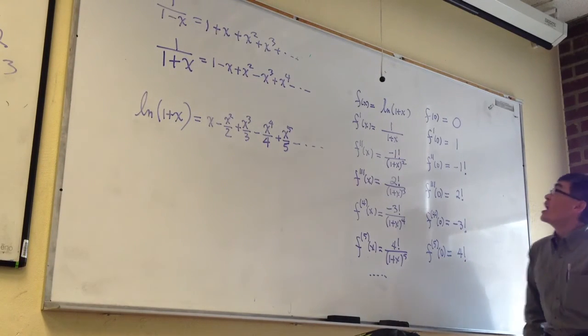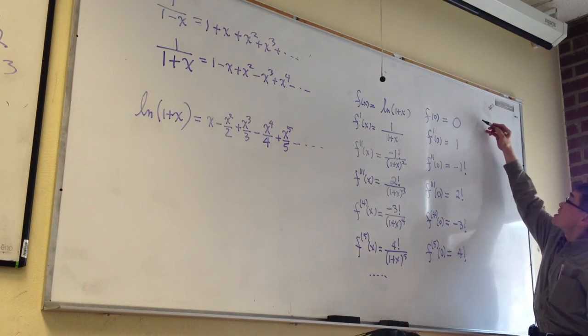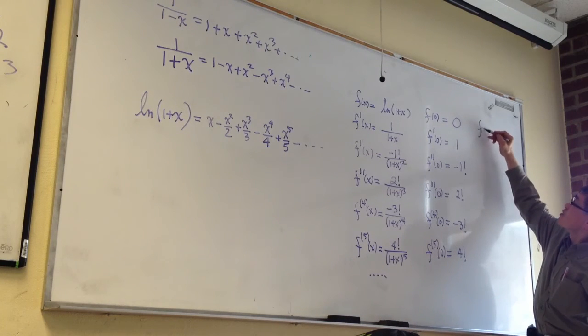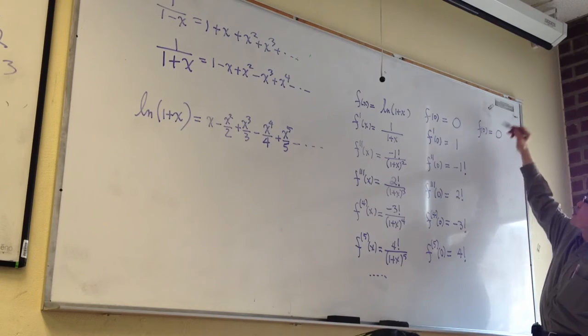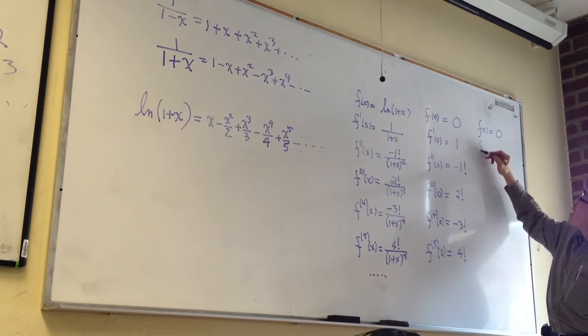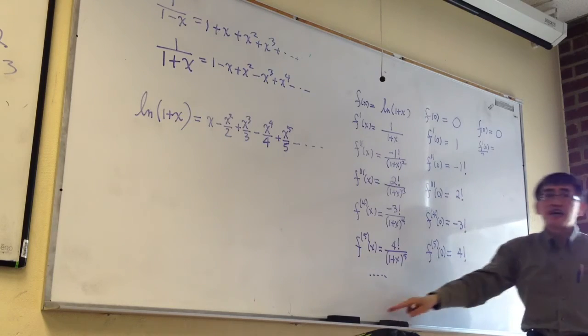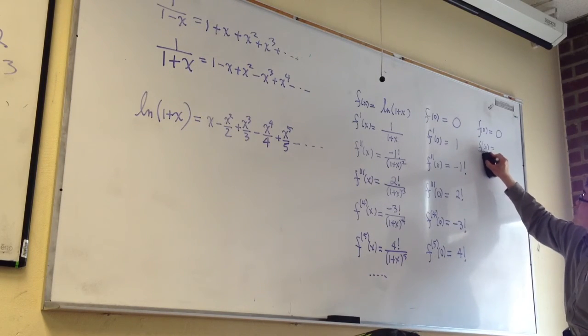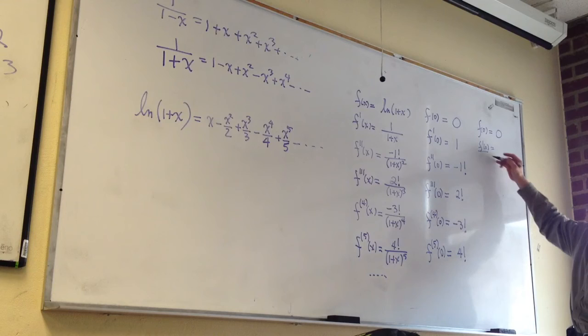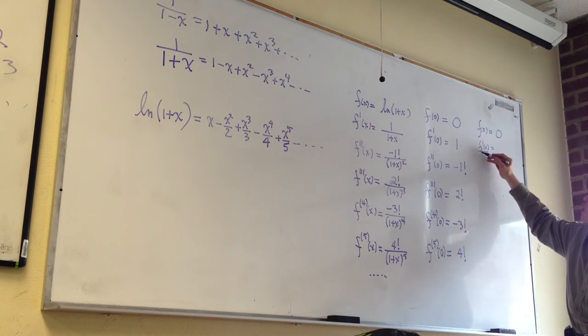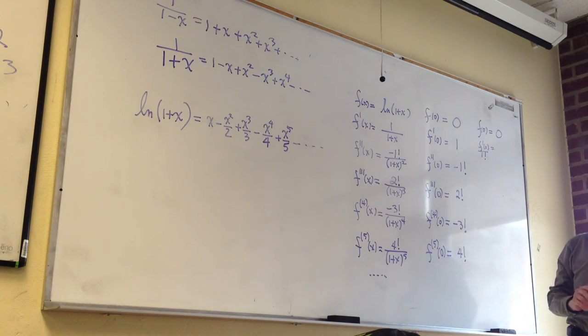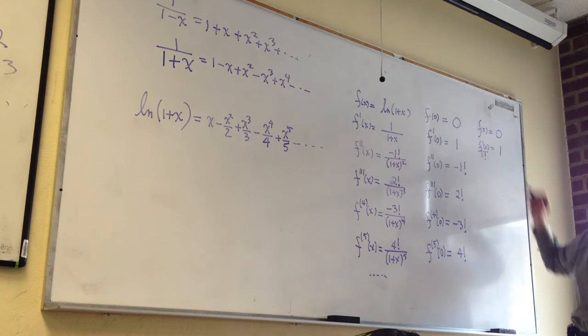Alright? And then, what else do I need? I have to take f of 0, and that's still f of 0. F prime of 0 is still f prime of 0. What I have in mind is that in the Taylor series, the coefficient of the first order term has f prime of 0 over what? 1 factorial. Is that right? So what is that? 1.